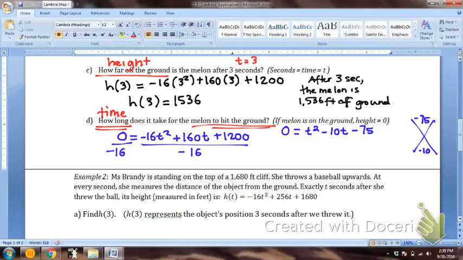Anybody find the factors? What is it, Tish? 5 and negative 15. Okay, so I have t plus 5, and I have t minus 15. So what do I do with each of these things? Good, Chelsea. Set them each equal to 0.